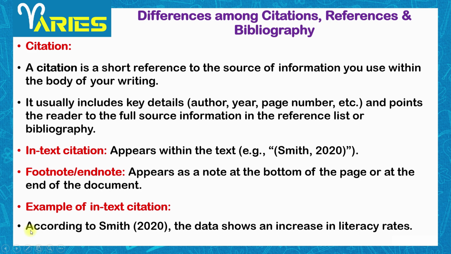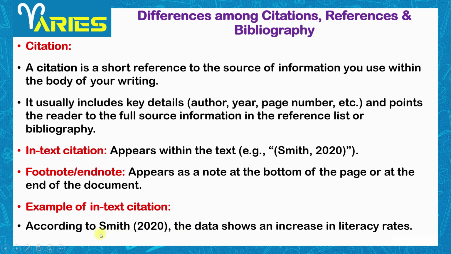For example, if the author is writing a sentence like this: according to Smith 2020, the data shows an increase in the literacy rate. So, for example, if a researcher is conducting research on improvements in the literacy rate, and wants to write that literacy rate increases, but this idea is taken from what?